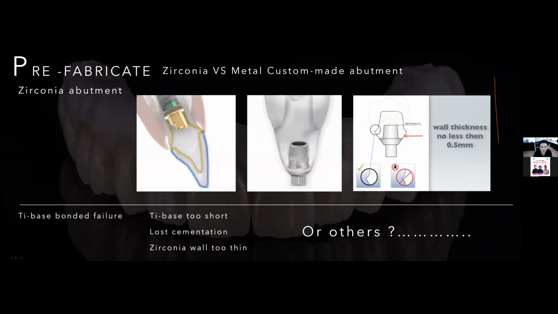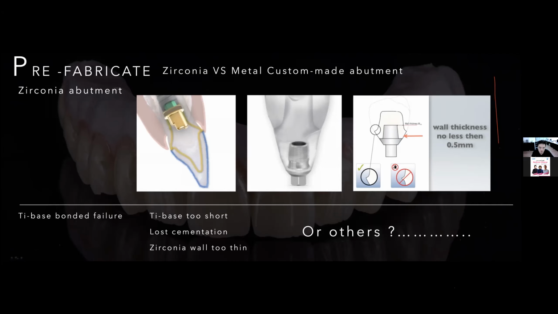And for the type-based bond, the design also has an interesting problem, because in the past, when the type base could be cemented, many companies offered us the type base for zirconia abutment cementation. But like the CEREC or maybe the Straumann variable base, sometimes it's very short, and we don't have enough surface to cement it.